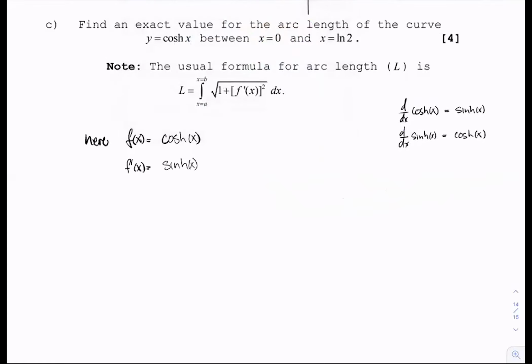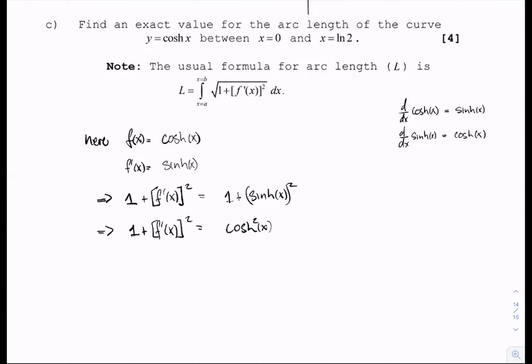Moving right along, so we have these two results. So this means that 1 plus f prime of x squared is equal to 1 plus sinh of x squared, right? And from our identities, we know that 1 plus sinh of x squared is equal to what? Nice.